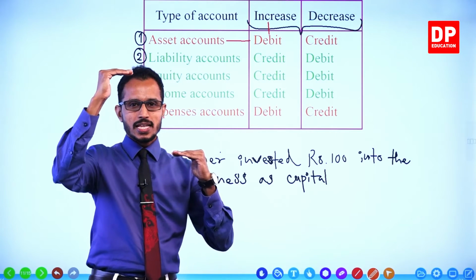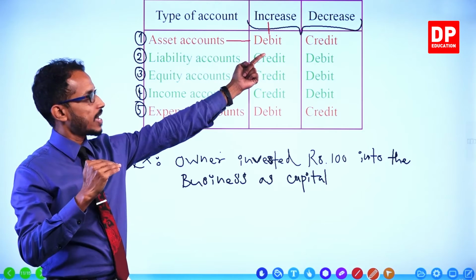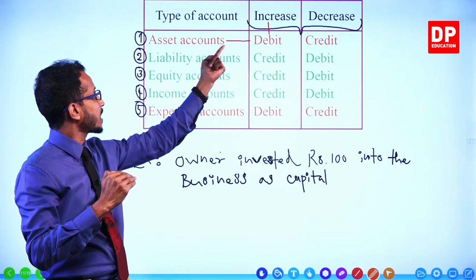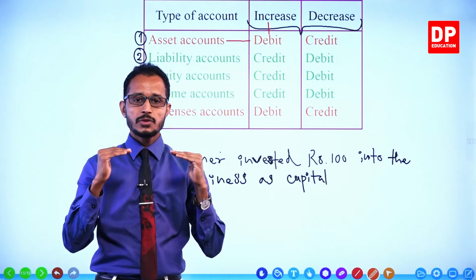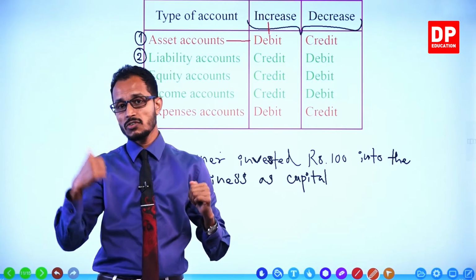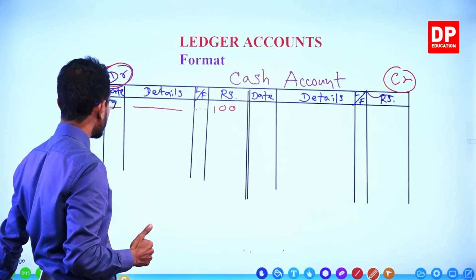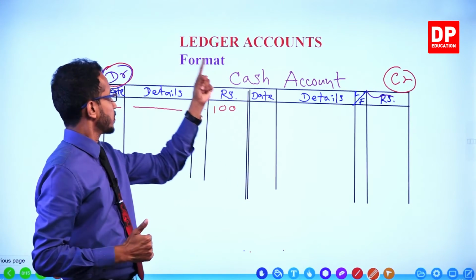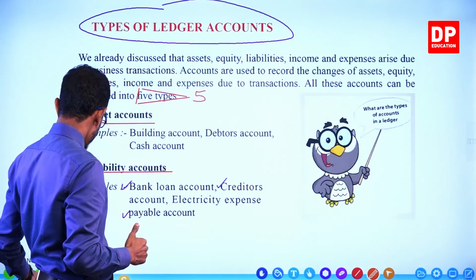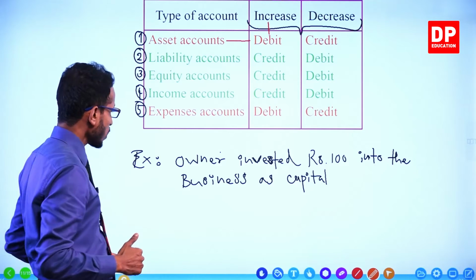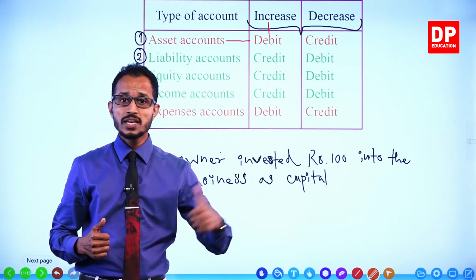You looked at the double entry principle and you saw assets increase should be debited, and you put it to the debit side of the cash account. Now you are wondering which account should be put to the credit side.